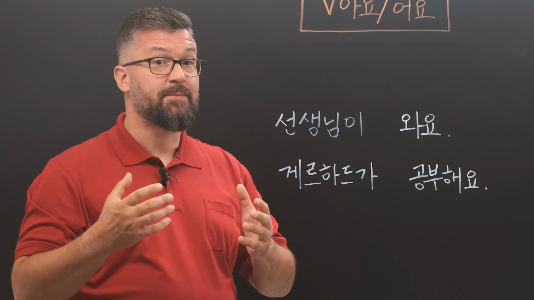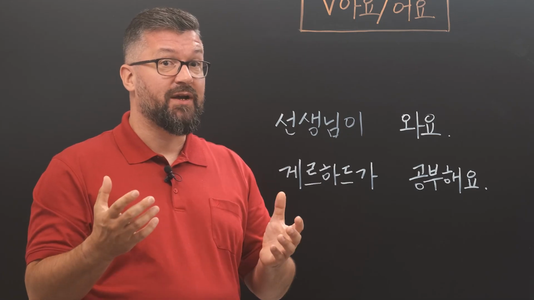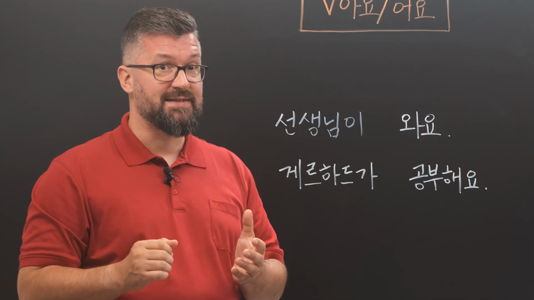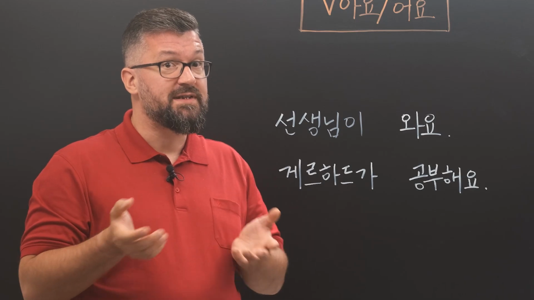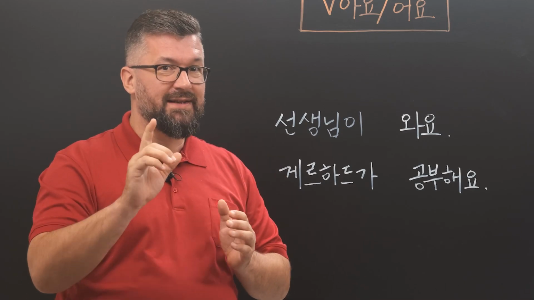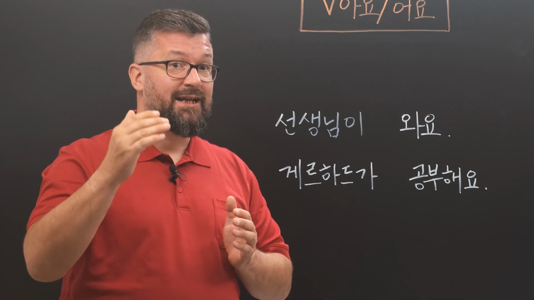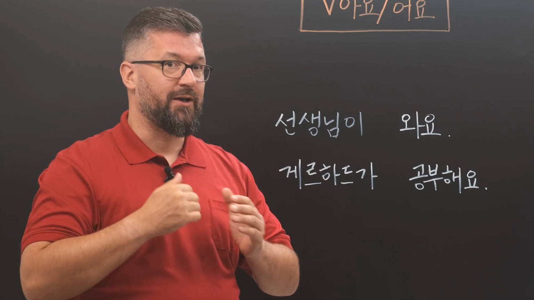You already know the subject marking particle 이/가. You also know that the subject particle is often replaced by the topic marking particle 는/은. For example, when answering a question like we learned in the last lesson, or when introducing ourselves like we learned at the very beginning of this playlist. But in this example, 선생님 is the subject and 이 is attached as the subject marking particle.